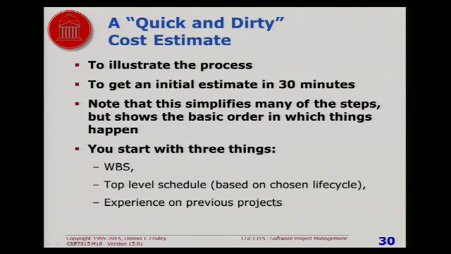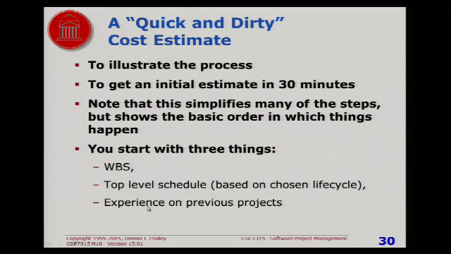You have to start with 3 things: a work breakdown structure, a high-level schedule, basically whatever life cycle you've chosen, and your experience. Now, in assignment 1, you did a work breakdown structure for taking this class. In assignment 2, you did a work breakdown structure for the Mr. Television project and a top-level schedule for the Mr. Television project.